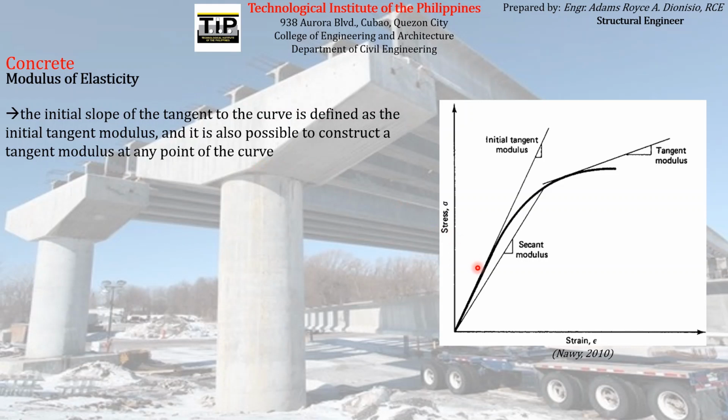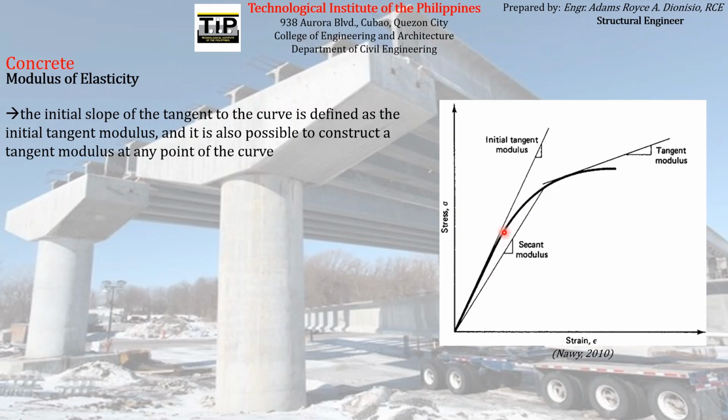So if you can remember from mechanics of deformable bodies about the stress strain curve, we have known that the modulus of elasticity is usually the slope of the straight line part of the stress strain curve, and that straight line portion is usually starting from the origin to some point here on the curve.